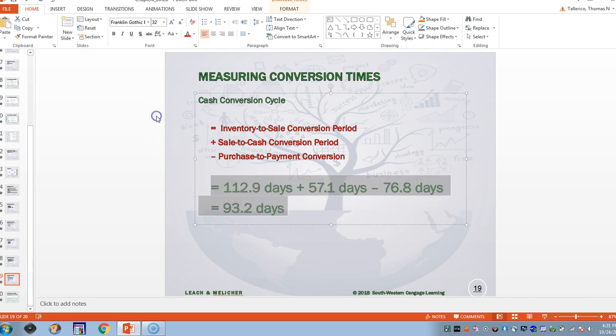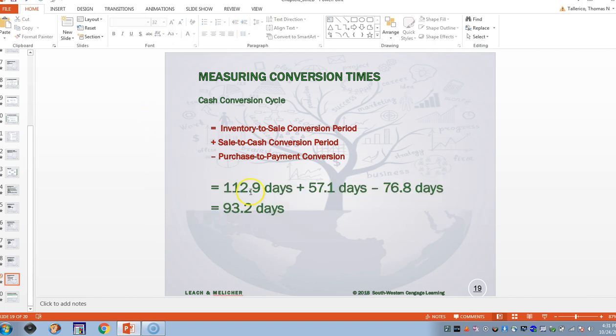So basically what this is saying is from the moment I get inventory in the door and make a product and sell it, and then get paid by the people who bought it, and then when I pay off my bills, the whole process takes 93.2 days. So I'm converting my product from inventory to when I pay my bills.